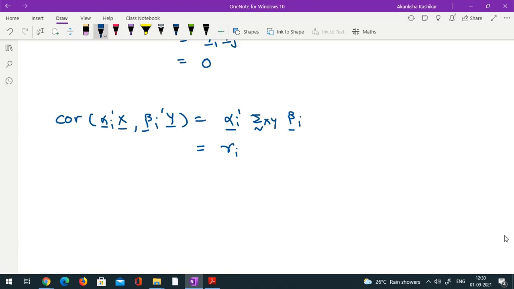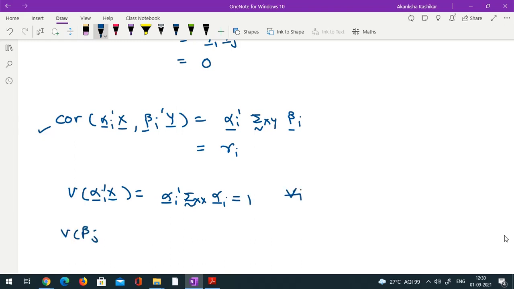So this is the most important property. This property is again known and trivial, and the variance property is also known and trivial. So variance of alpha I prime x will be alpha I prime sigma xx alpha I, which would be 1 for every I. Similarly, variance of beta j prime y would be beta j prime sigma yy beta j, it would be 1 for every j.